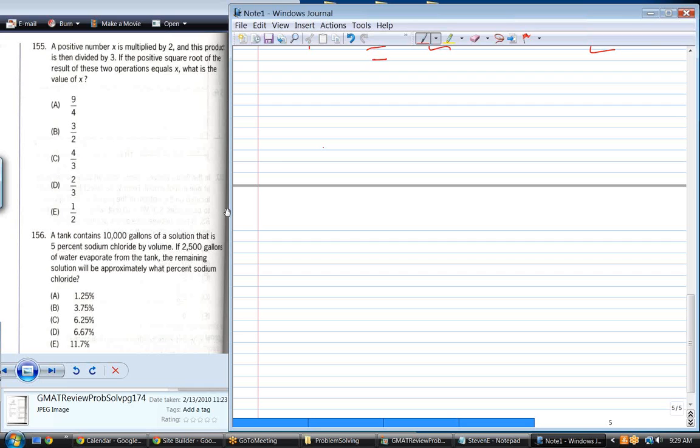Okay, nothing wrong with algebraic, but it's worth noting that it's also very easily done with back solving. Because they give us a number, we can just plug that in and start going through everything.